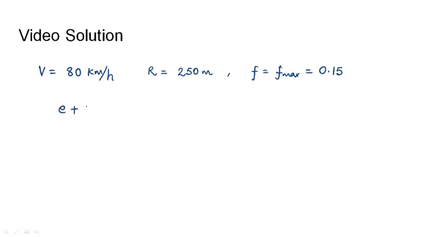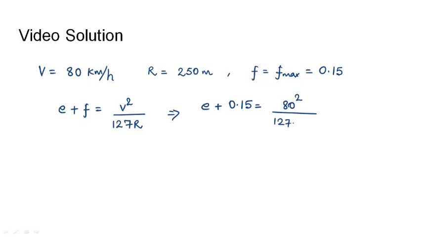So from the previous equation, E plus F is equal to V square by 127 R. If we substitute the maximum value of friction, that is 0.15, speed as 80 and radius as 250 meters, we would get E plus 0.15 equals 0.2.